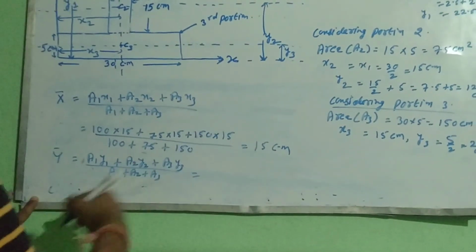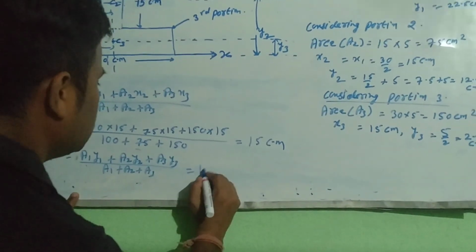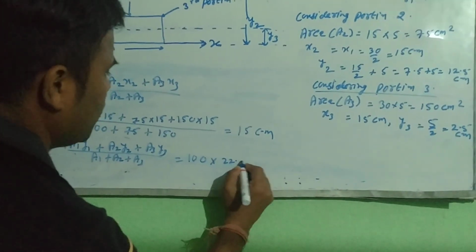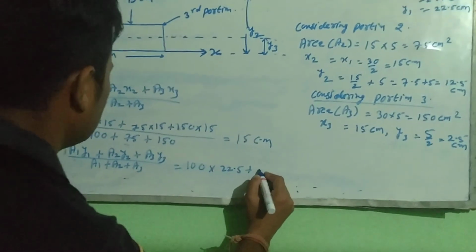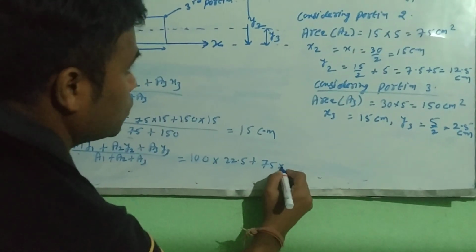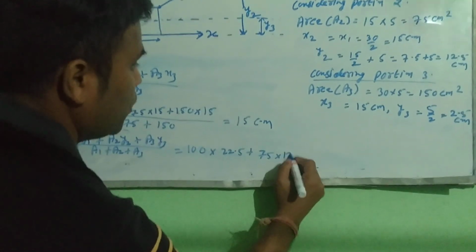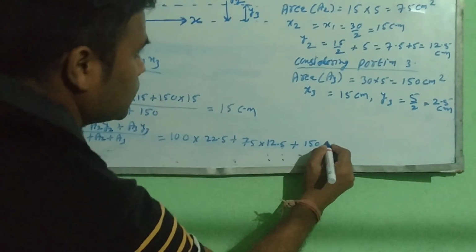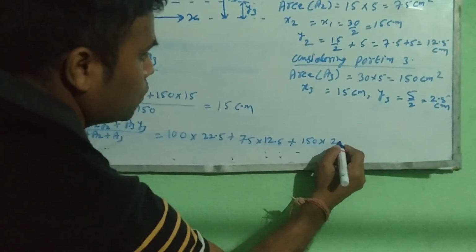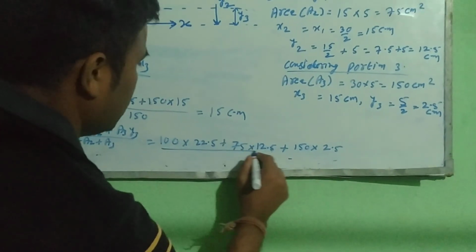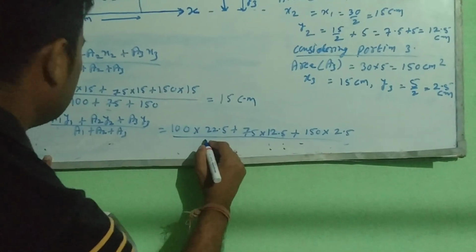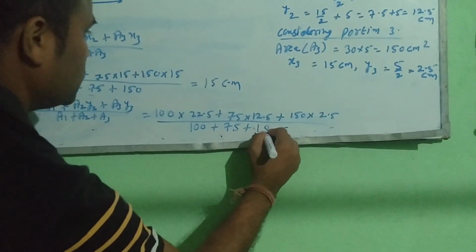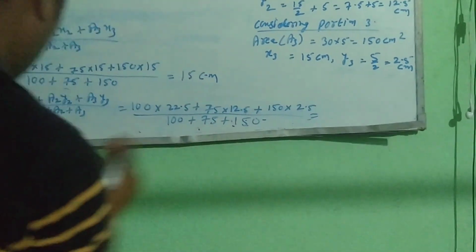Now substitute all the values: A1 is 100, y1 is 22.5, plus A2 75 into y2 12.5, plus A3 150 into y3 2.5, divided by the sum of areas 100 plus 75 plus 150.